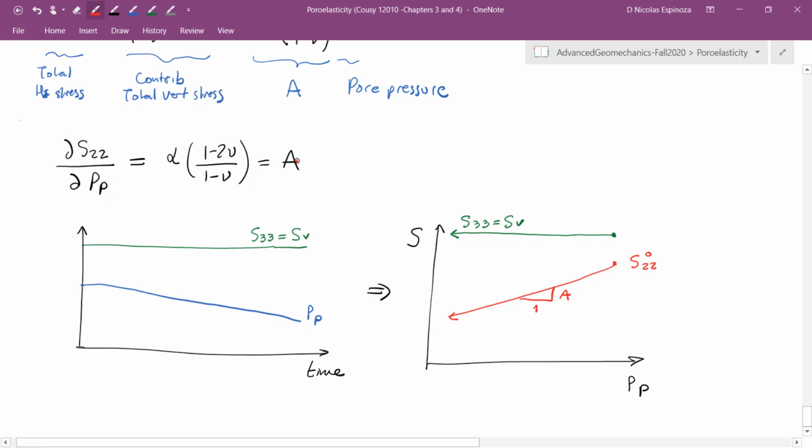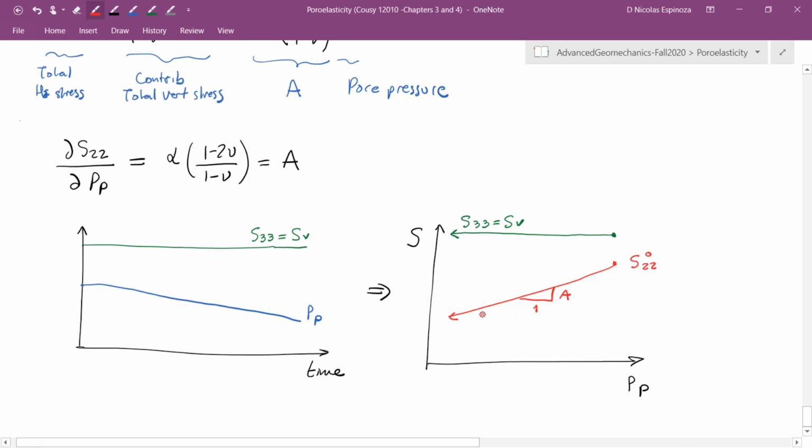And let me hold on what that parameter A exactly is, but the fact that this A is positive means that I'm going to have a decrease of total stress with decrease of pore pressure. And this is a result which is quite important, because it's telling you that your total horizontal stress is going to decrease as you lower the pore pressure.